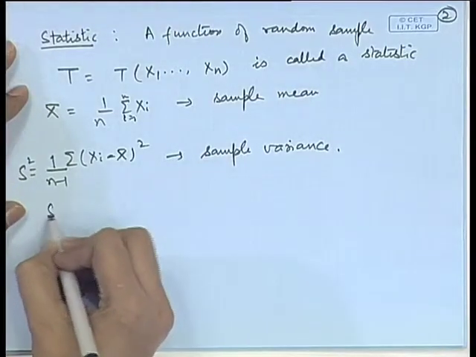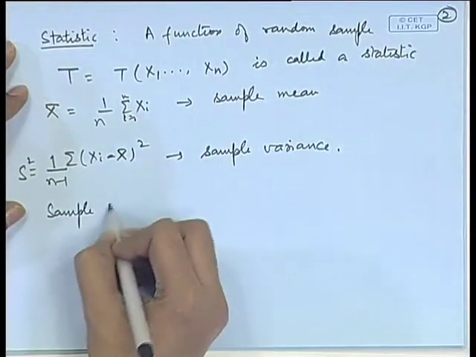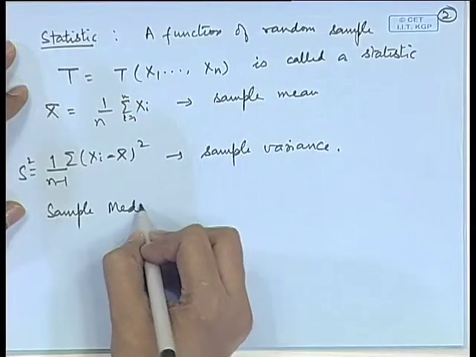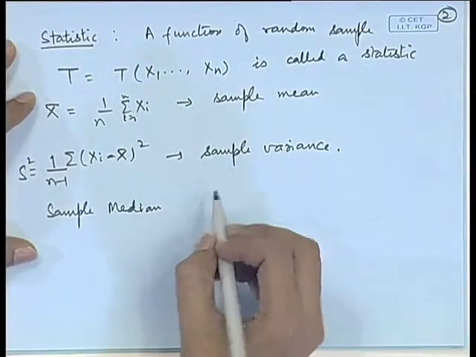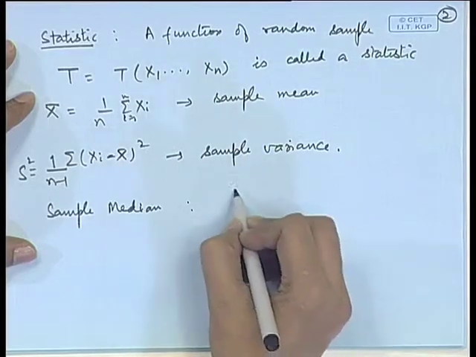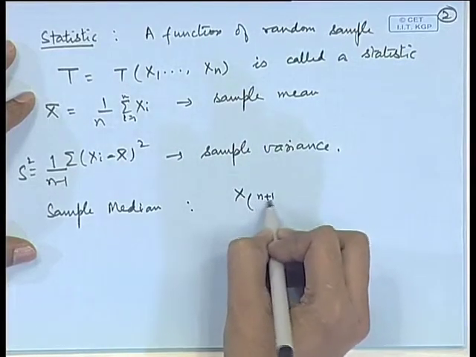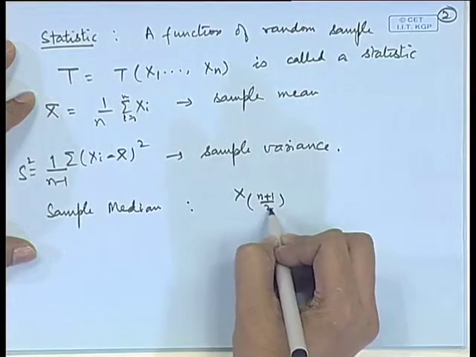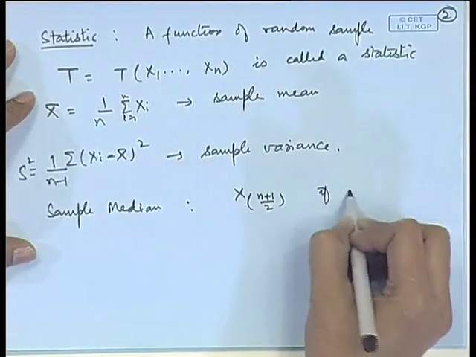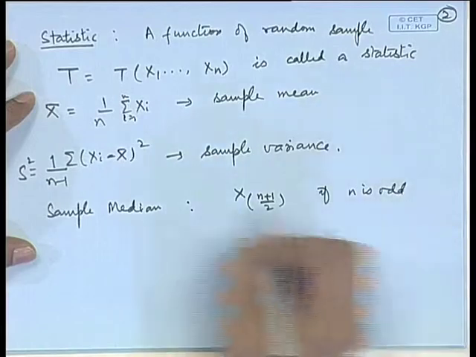We may be interested in the sample median. We have already talked about order statistics, so that is also a statistic. Sample median we may define to be X of (n plus 1) by 2, that is the (n plus 1) by 2th order statistic if n is odd, that means the middle order statistic.